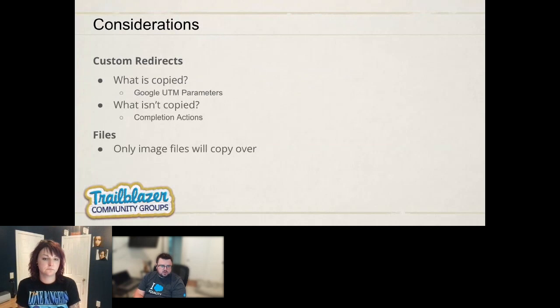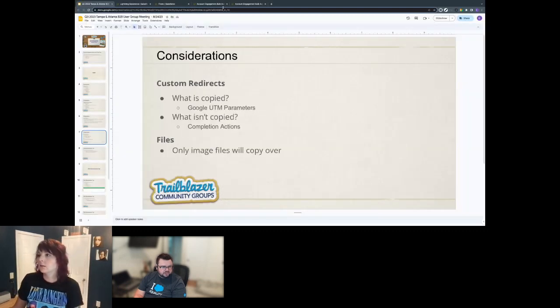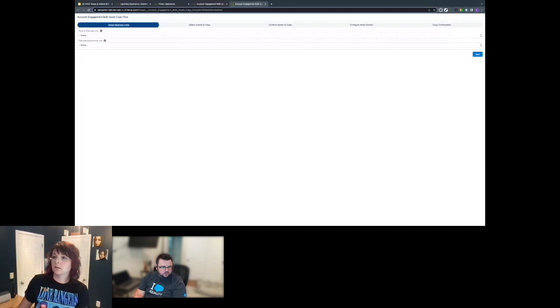And when you bring over a custom redirect, I'm guessing that because you're bringing it over into a different BU, the custom redirect URL is going to default to whatever the default domain is for that new BU, since the domain it came from won't necessarily exist in the new BU.